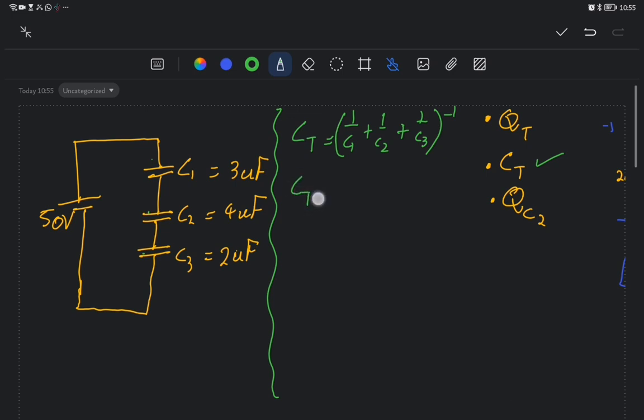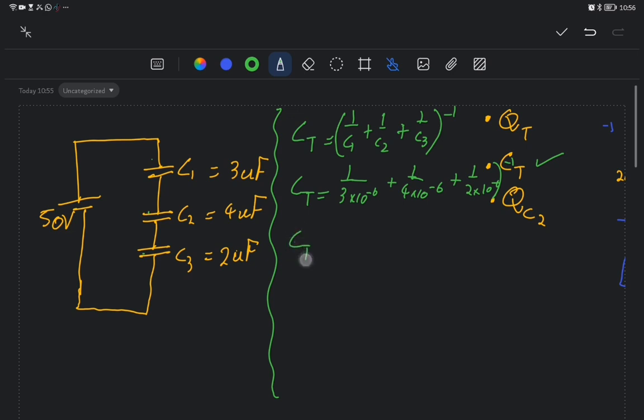So C total is equal to 1 over 3 times 10 to the power -6 plus 1 over 4 times 10 to the power -6 plus 1 over 2 times 10 to the power -6, all to the power -1. Sorry for congesting everything.